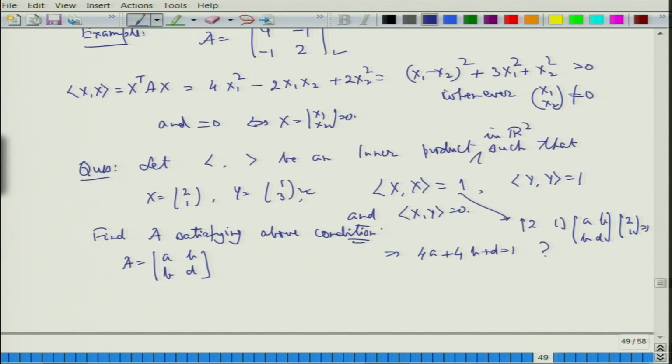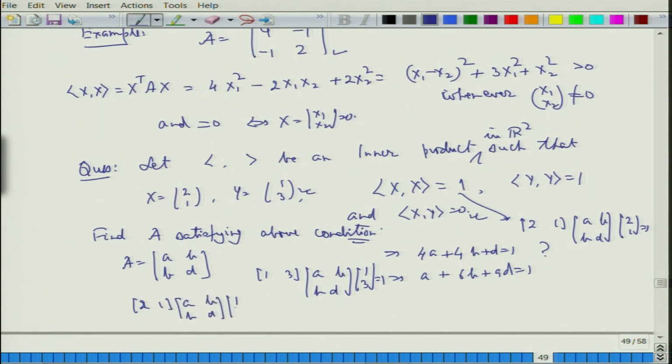(1 3) I am saying here. So again, (1 3) times (a b; b d) times (1 3) is equal to 1 will imply a plus 6b plus 9d is equal to 1. And this part, which is 0, will give me (2 1) times (a b; b d) times (1 3) equal to 0.